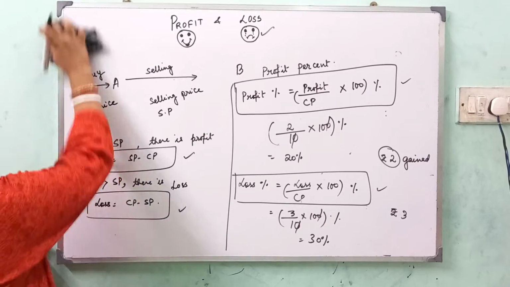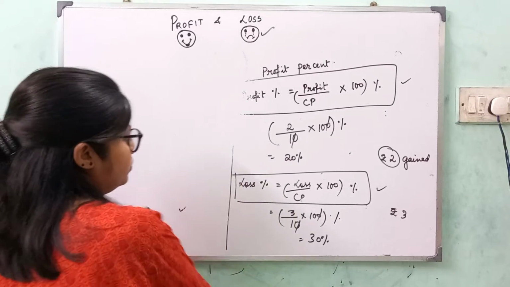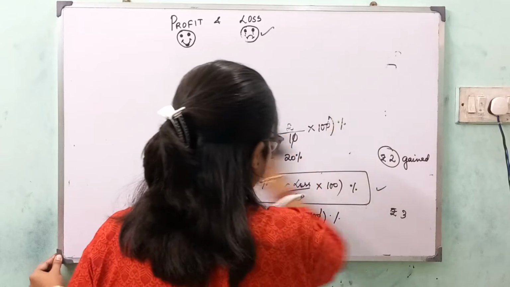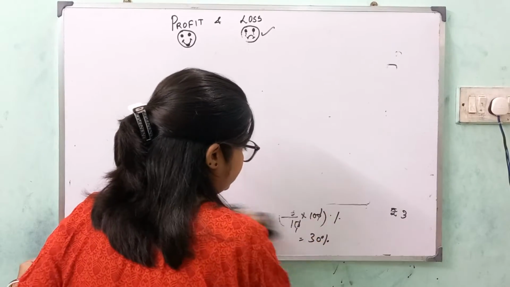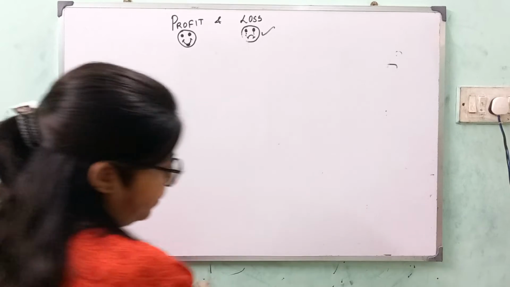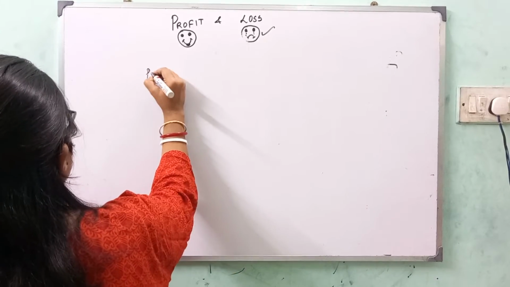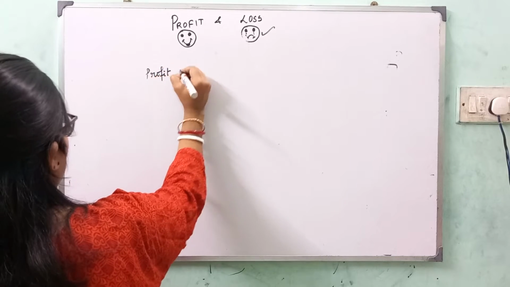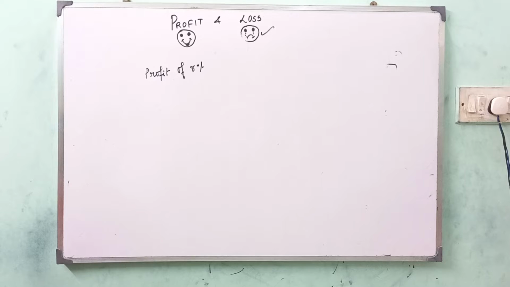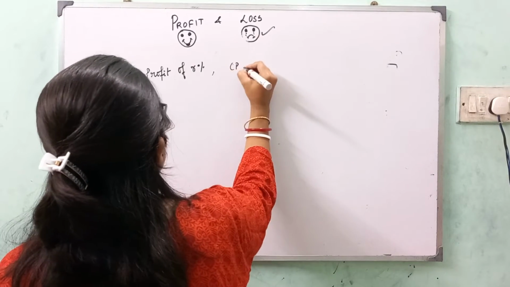Now, if there is a profit of R percentage and the CP is given to you.